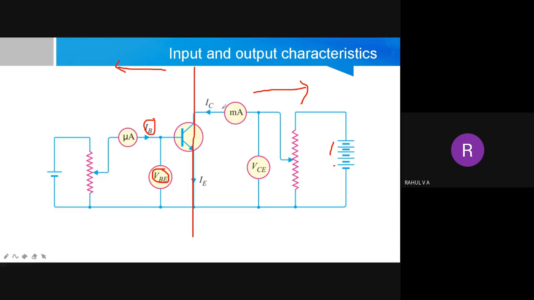So this side it is constant, collector current also constant, VCE also constant. There we are reading IB from the ammeter and VBE from the voltmeter, and we will be plotting that.